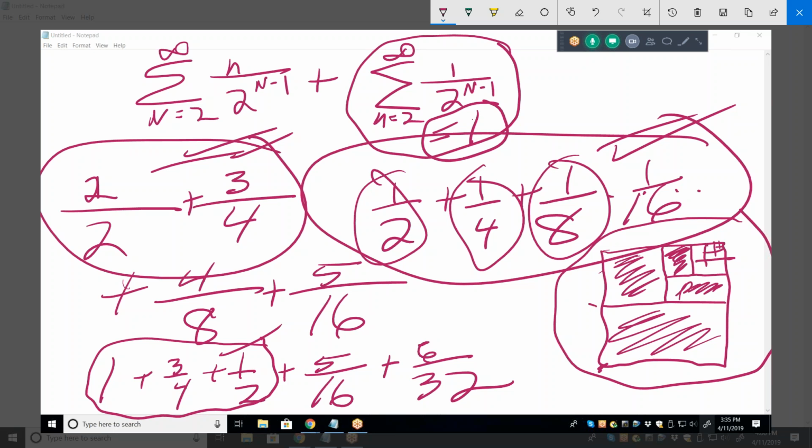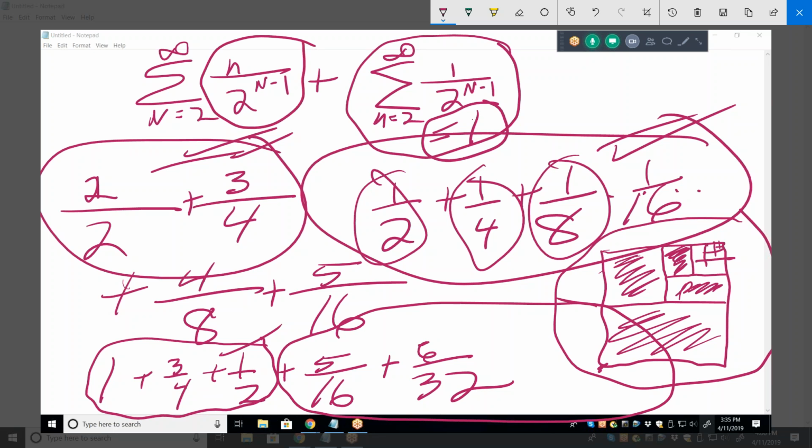And then all of the rest of those small little tiny pieces must add to 3/4. But I don't know how to prove it. I don't know how to find the sum of that. It's easy enough to find the sum of that. This one on the left is the toughie.